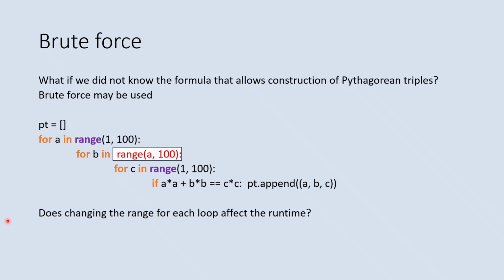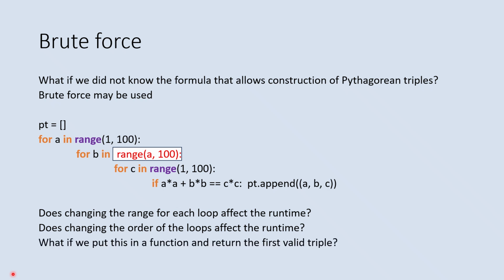And so we could change some things about the loops themselves. Here we change the range of the loop. We could change the order of the loops. And then if we thought of this as looking for a solution rather than trying to create all the solutions, what if we put this process into a function and return as soon as we get the first valid triple?